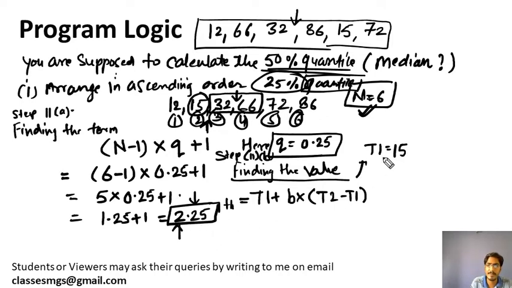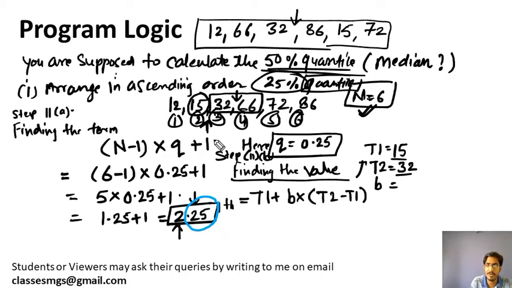T2 will become the next value after 15. The next value after 15 will be 32. So T2 will become 32, the next value after term 1. The second term is term 1, the third term will be the next term and its value is 32. Now b will be this 0.25 value.